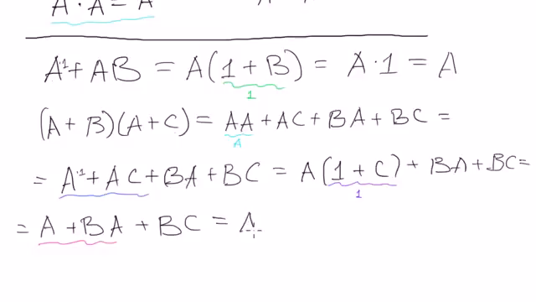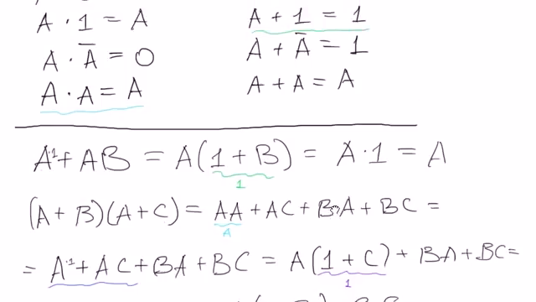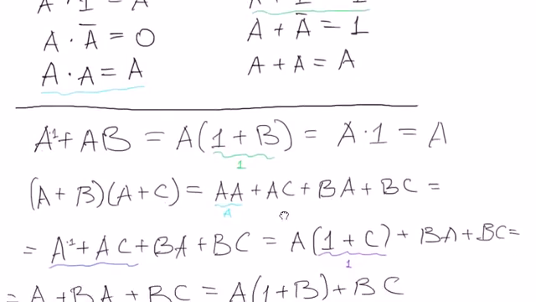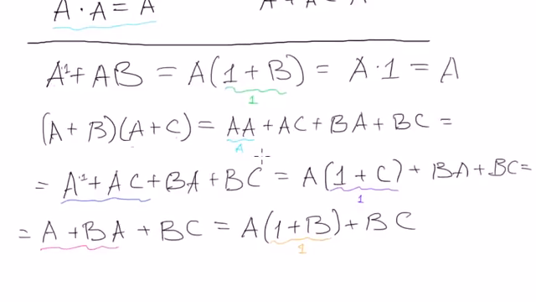And what do we get? a multiplied by 1 plus b, and plus bc. And again we remember that this one will be 1 because of this rule: if some variable plus 1, then it's 1 as well.